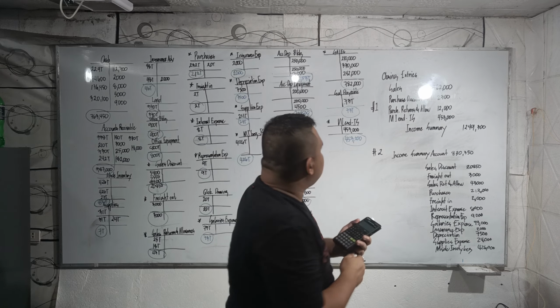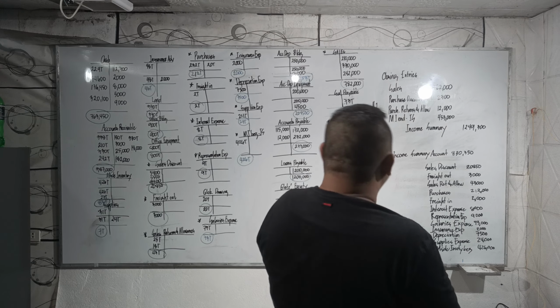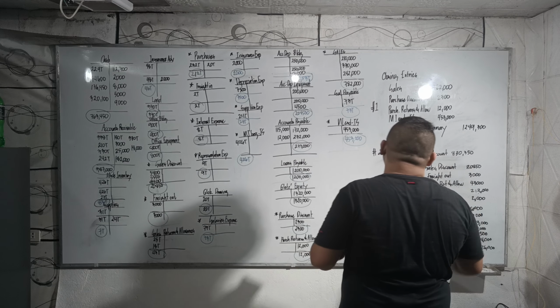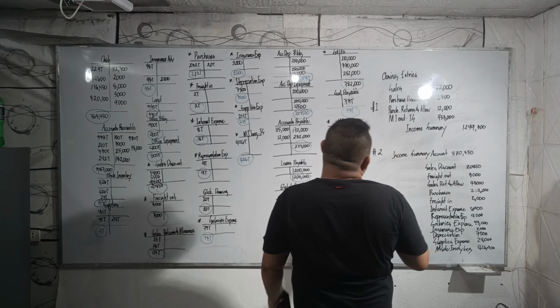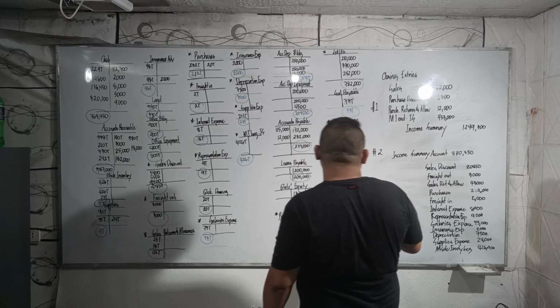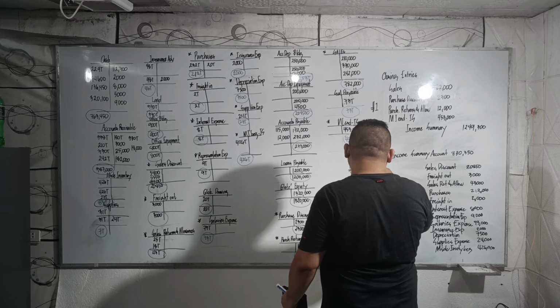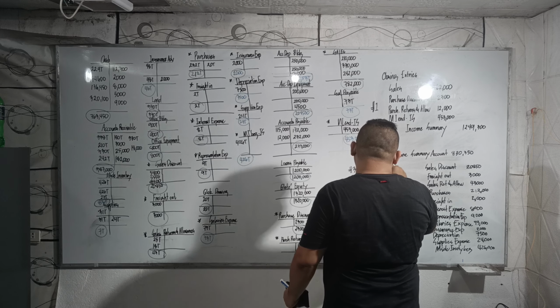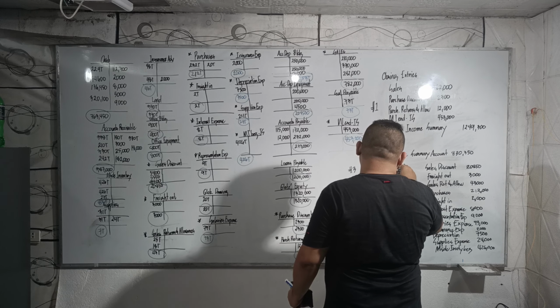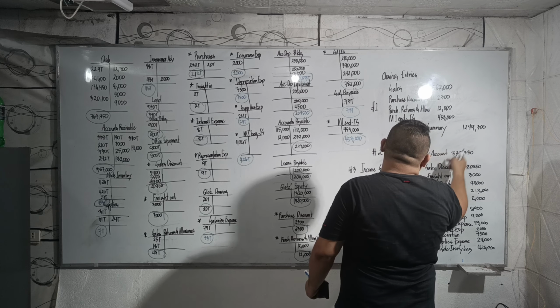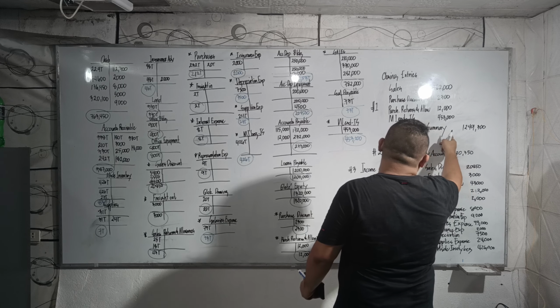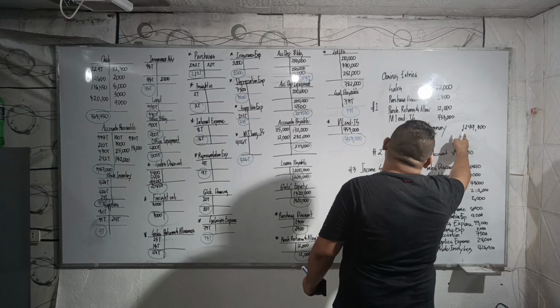Okay? So if you are sure already, after checking, we have closing entry number 3, in which we are to close the income summary account. So I am debiting the income summary account here because if you net these two, credit minus debit, credits will prevail.